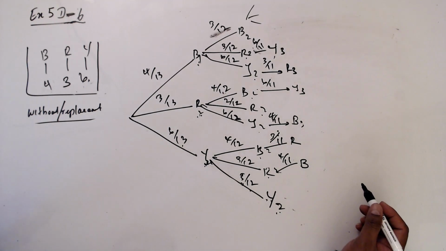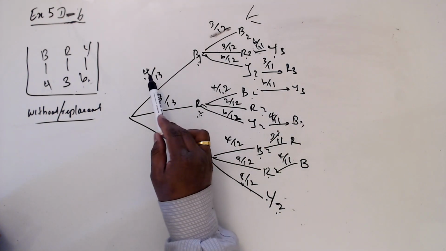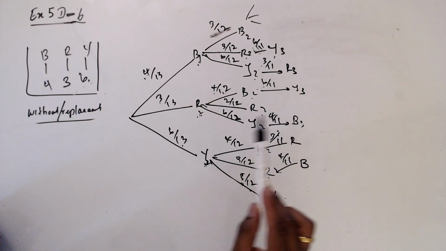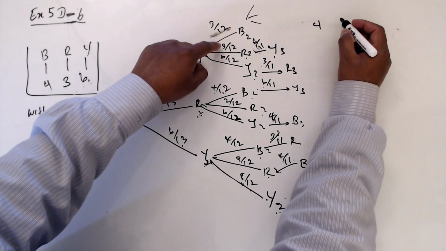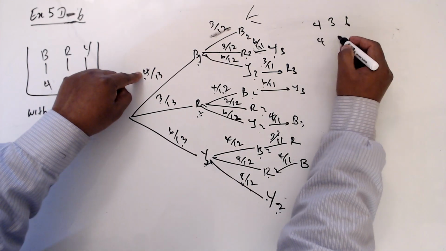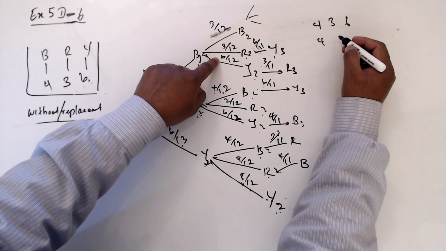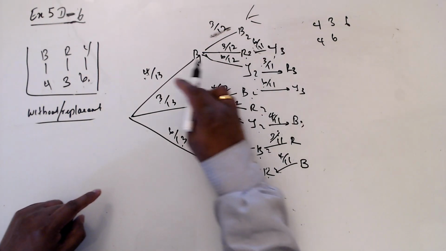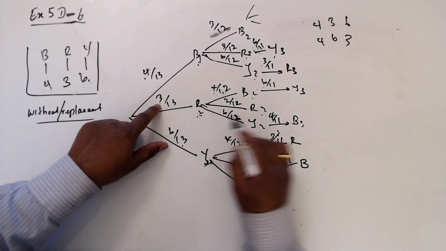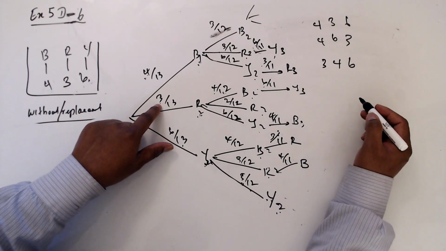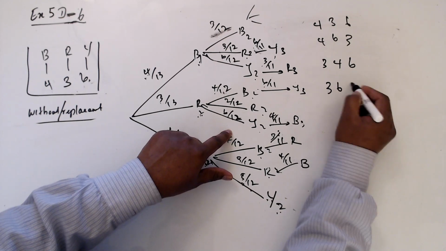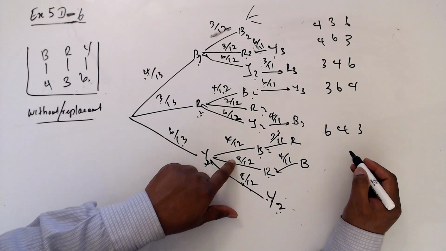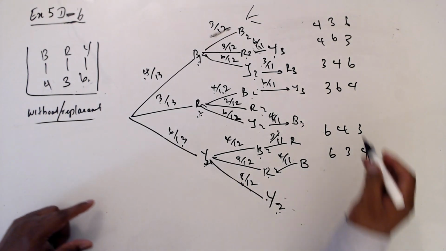Now we can see the pattern: 4, 3, 6; 4, 6, 3; 3, 4, 6; 3, 6, 4; 6, 4, 3; and 6, 3, 4. So this is the numerator.